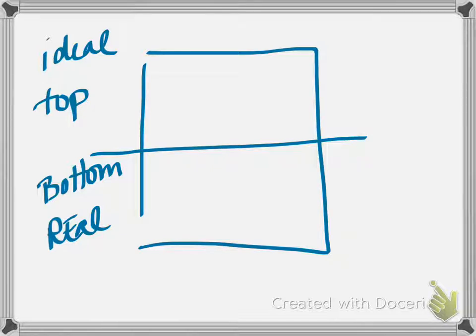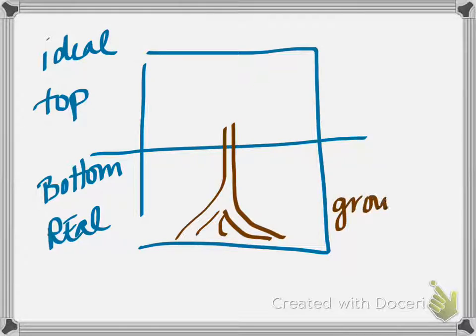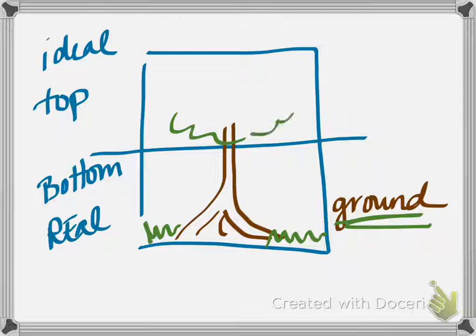Let's go with a tree, has nice roots, right? So it's grounded. The ground is very real and we've got grass, but everything down here is kind of real, right? And we got a little tree up here.